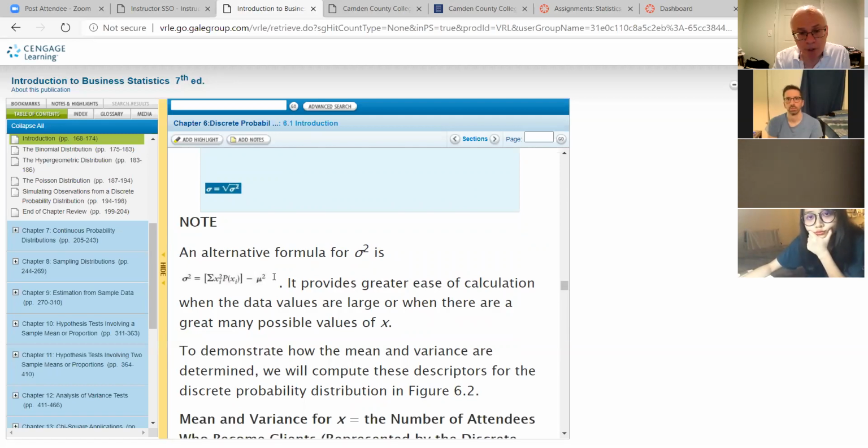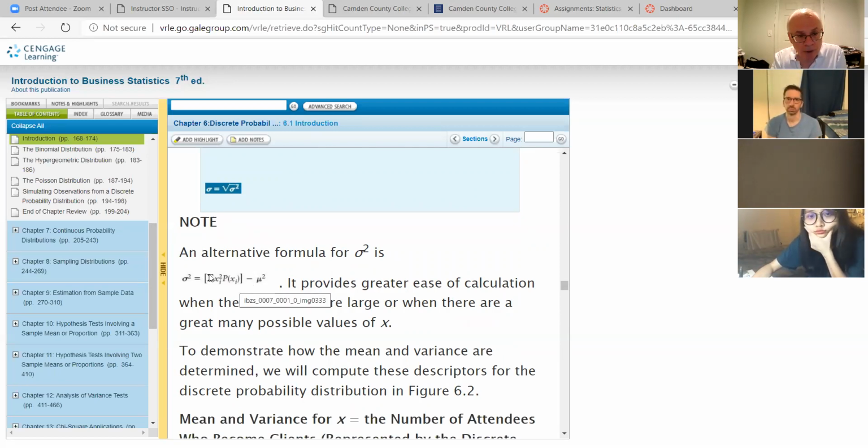Maybe somebody could argue that even with a computer, it's computationally more efficient to use this formula as opposed to the original formula. But for our purposes, with using Excel, I don't see any value, because you're just creating a formula in one cell and then copying it over to all the other values. So you could use it if you want.